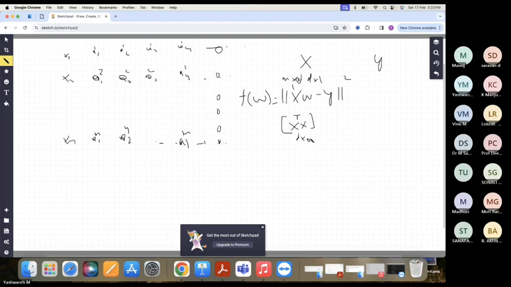So if this is well conditioned, the condition number is nothing but the ratio of maximum to minimum singular values. If it is well conditioned, typically any algorithm should work.